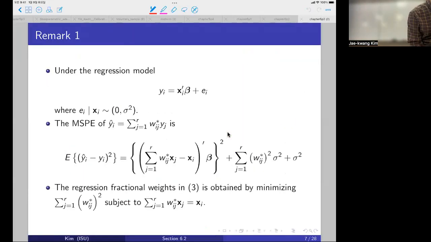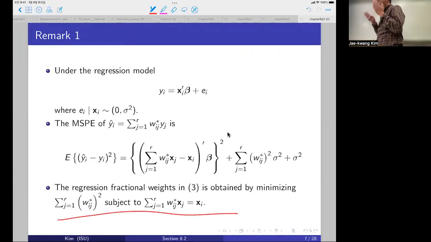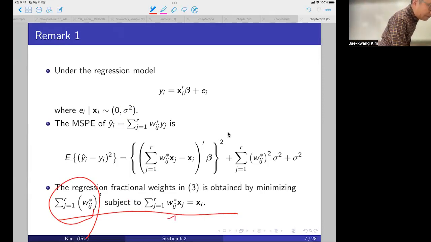So if we use this one as an optimization problem, we have a unique solution, right? But if you change it, I think that is what you want to say. If you change this objective function, then we have a different solution. So for fixed I, how many do we have? R unknowns, P constraints.